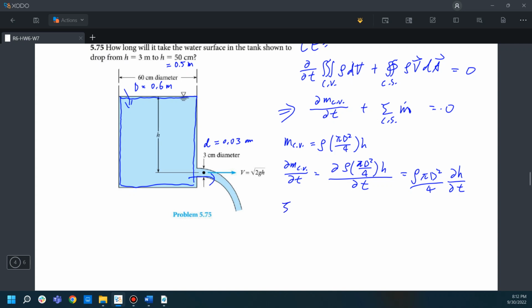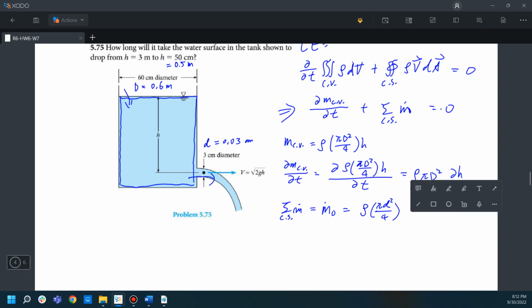So this summation rate will equal the outflow rate, and that is ρπd²/4 times the velocity, which is the square root of 2gh.